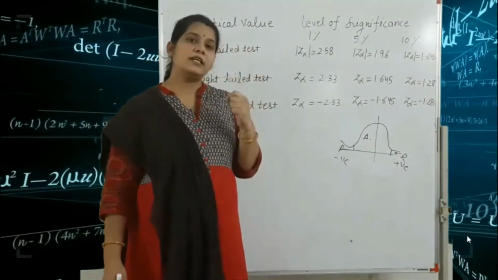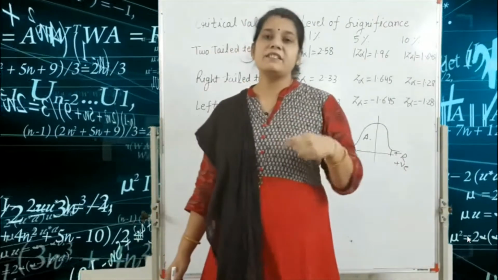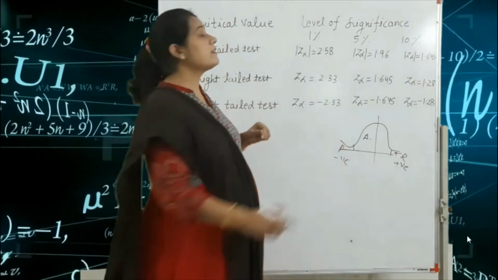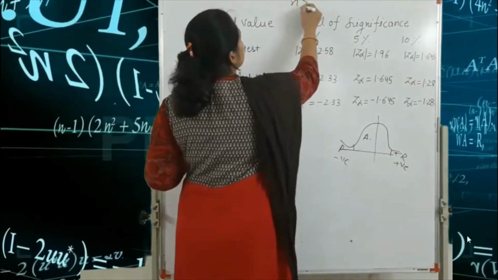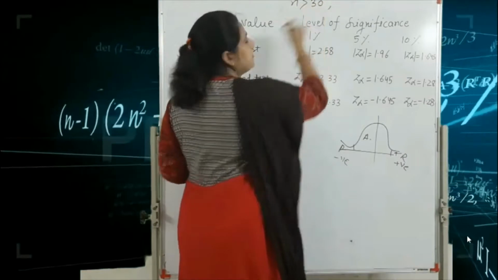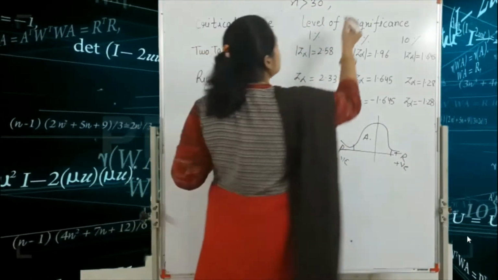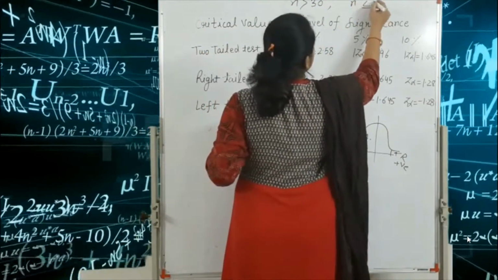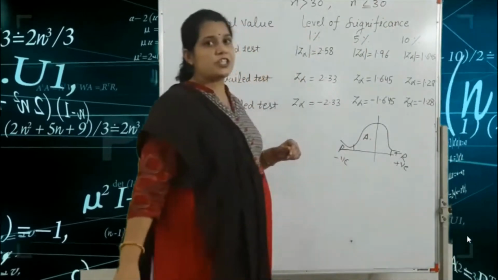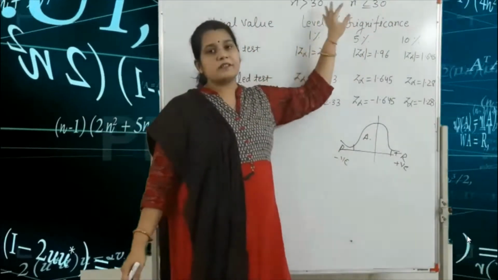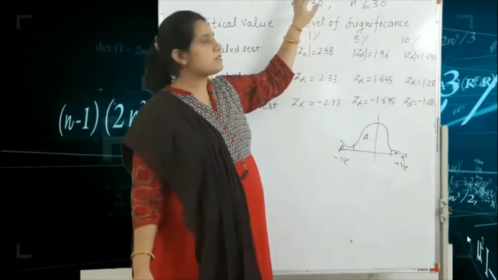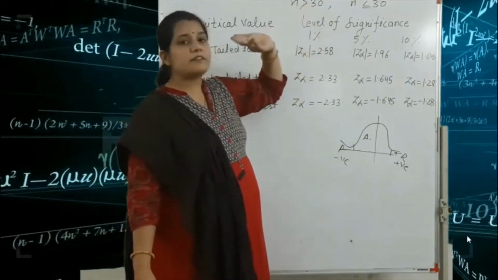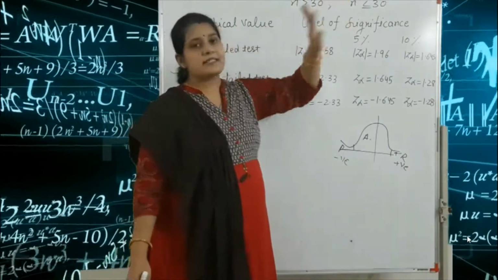Number one, the sample n is greater than 30, and second, the number of samples is less than or equal to 30. So our question depends on these two types of number of samples: n greater than 30 and n less than or equal to 30.